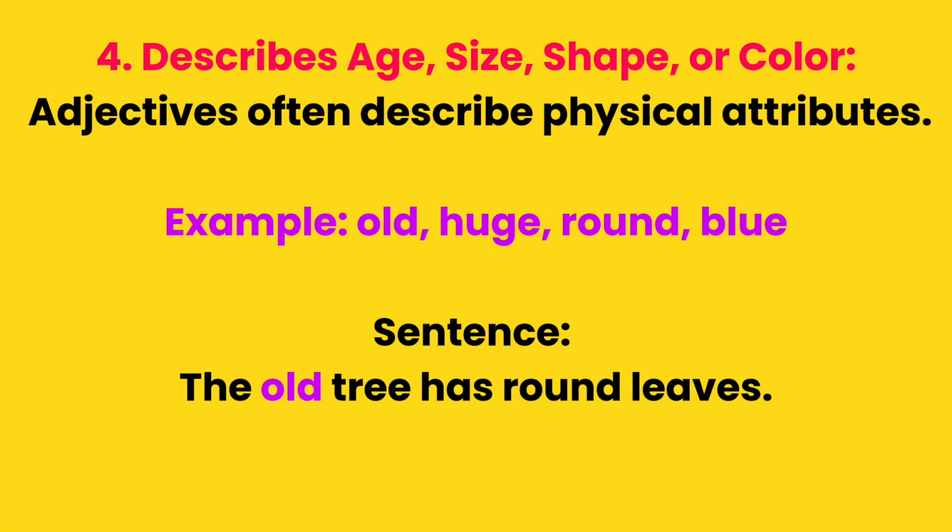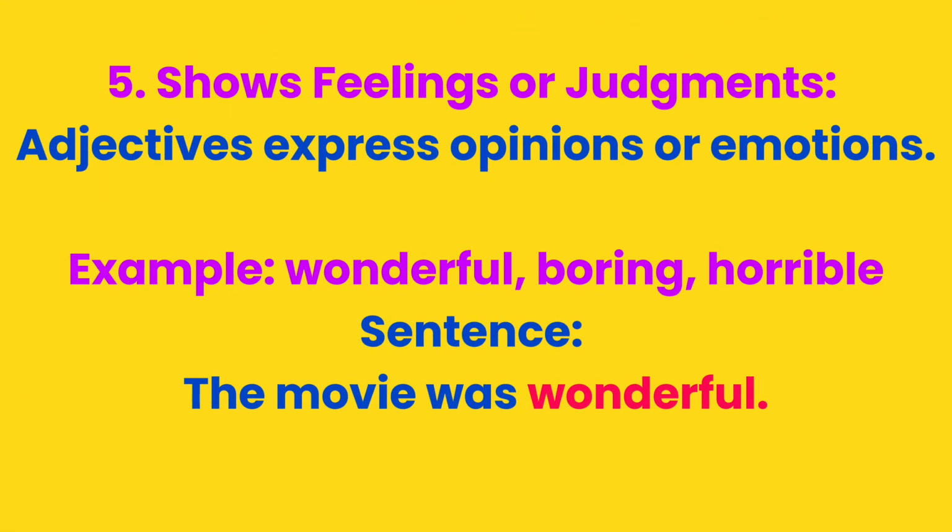Example: old, huge, round, blue. Sentence: the old tree has round leaves. 5. Shows feelings or judgments. Adjectives express opinions or emotions. Example: wonderful, boring, horrible. Sentence: the movie was wonderful.